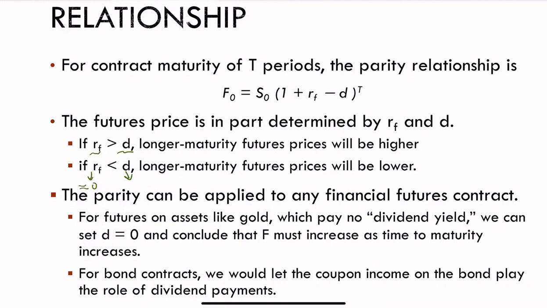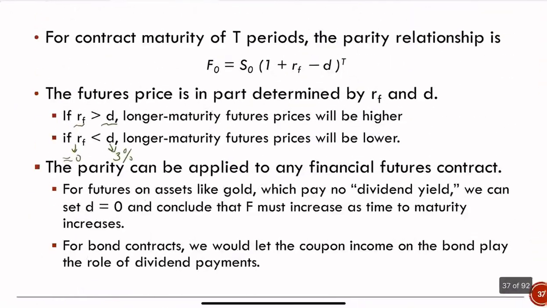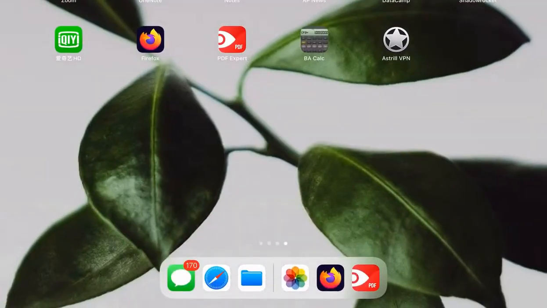I don't have the number on the dividend yield, but for SP 500, I would guess the dividend yield should be around 3%. So in this case, the longer maturity futures prices will be lower than today's equity price. I can show you that this actually holds empirically.